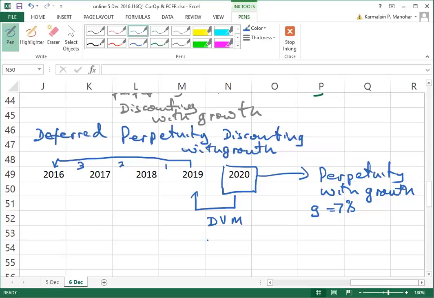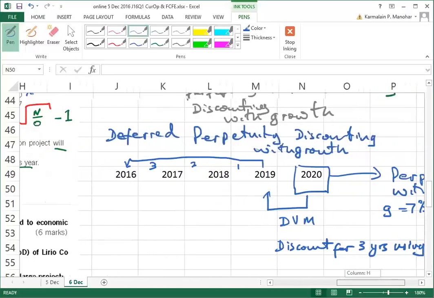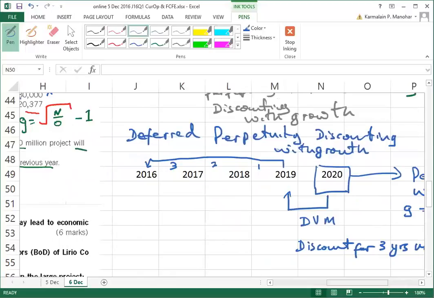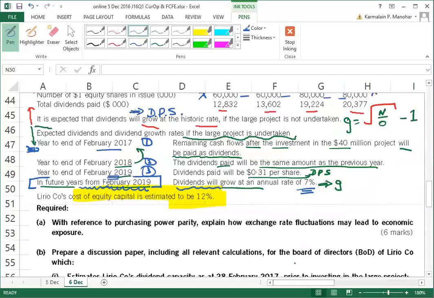So then discount here for 3 years using what we were given as the KE. Good? So that's one element. That's just the DVM part from the 2020 dividend. However, we have the other 3 lines, and that should give us the key indication for the other 3 lines. Once we could find this dividend, which we have here in 2019, we'll have to discount that by how many years?